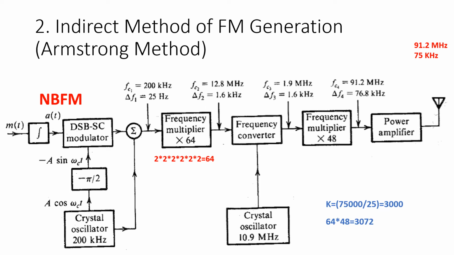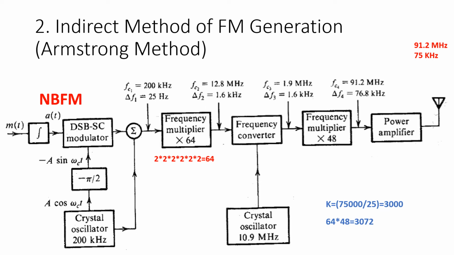The output of this first frequency multiplier is the carrier FC2, equal to FC1 multiplied by 64. So FC2 is 12.8 megahertz, and the deviation delta F2 is delta F1 multiplied by 64. So we get the deviation delta F2 equal to 1.6 kilohertz.